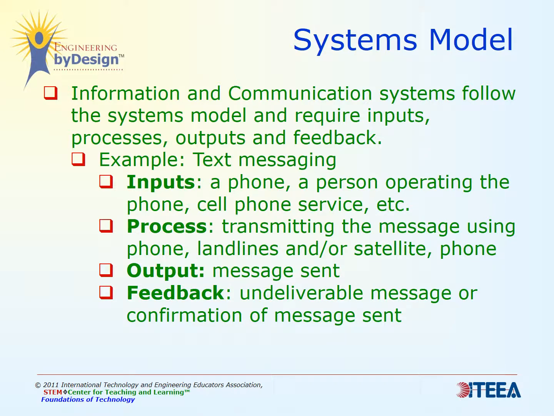We may have landlines or a satellite involved in our process. An output: a message is sent. Feedback: you're going to get feedback because your message is either undeliverable and you're getting a reject message, or you're getting confirmation that your message has been sent.